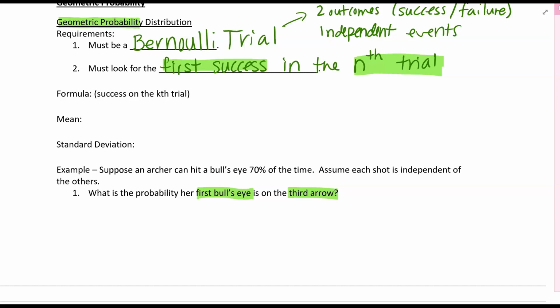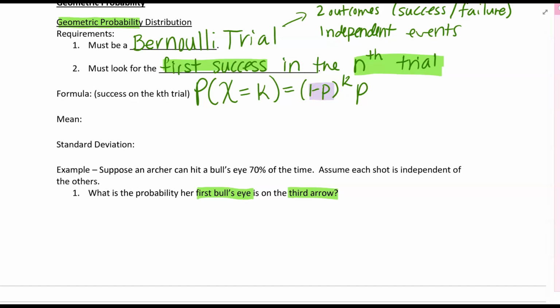So the formula for geometric probability. Yeah. We get those papers on exam day? Yes. So this is the probability of x equals k, which is going to be 1 minus p to the k power times p. But in my class, what do we use for 1 minus p?